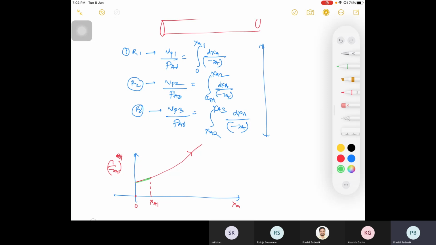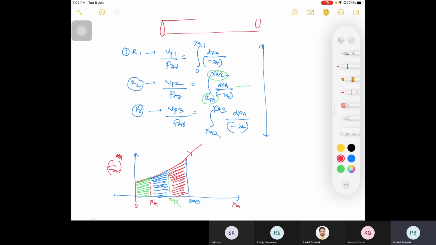So you will get this area. In the second case, from Xa1 to Xa2, and integration means you are following the curve, so you will get this Xa2. This is your area. In the third case, this is your Xa3 or Xa final, and that area is the area under the curve, that is this area.